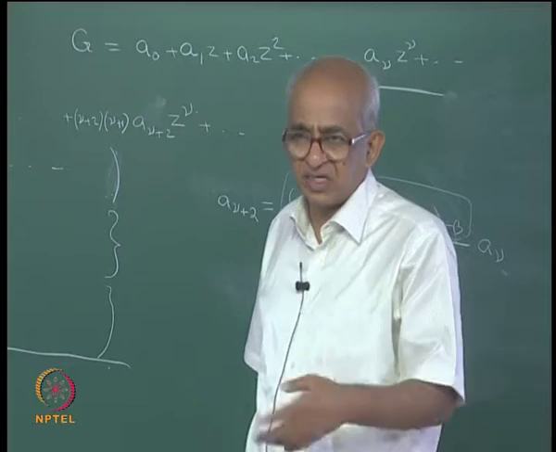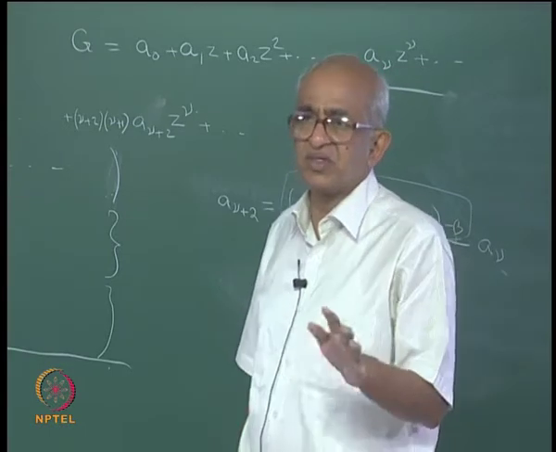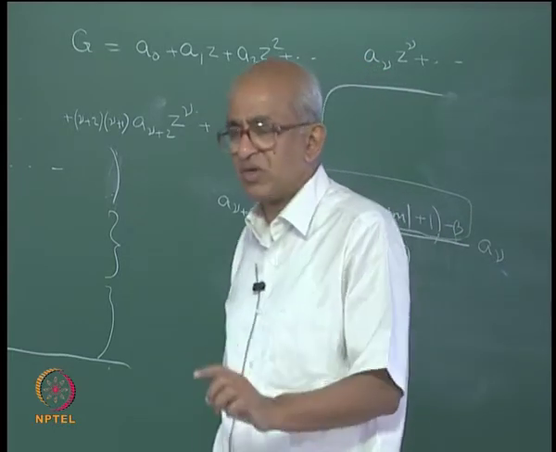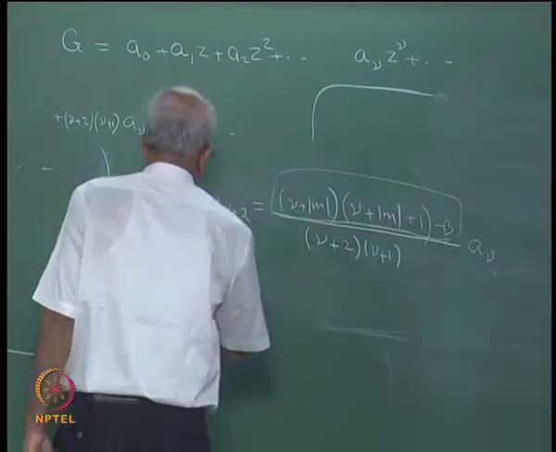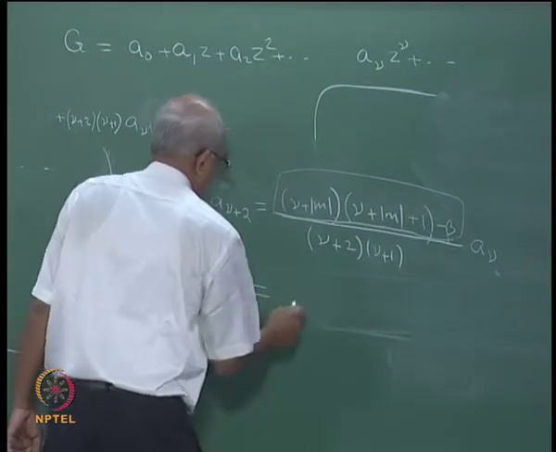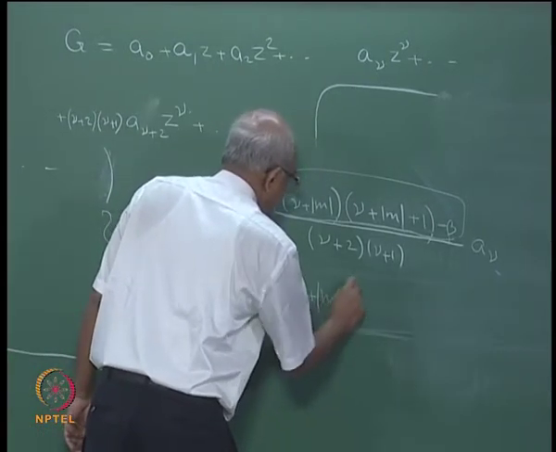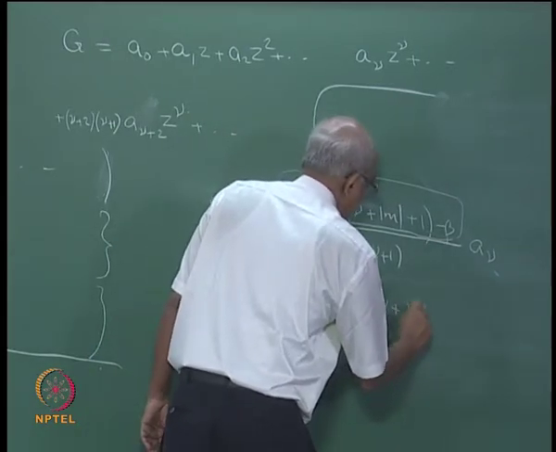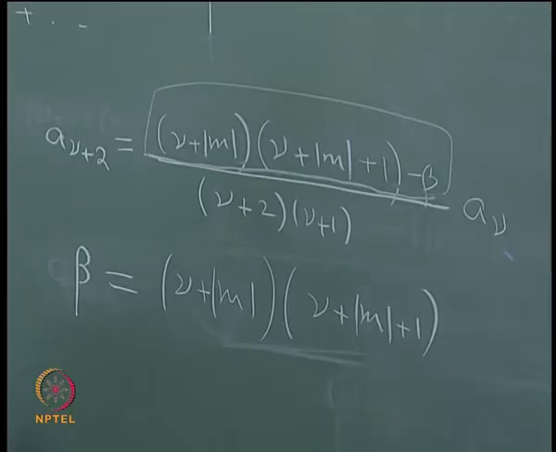We had introduced it as a constant, but you find that for arbitrary values of this constant you are not going to get an acceptable solution. Acceptable solutions can be obtained only if beta is equal to how much? Beta is equal to nu plus m into nu plus m plus 1, only if this is the way it is.